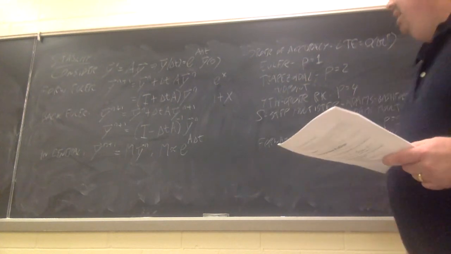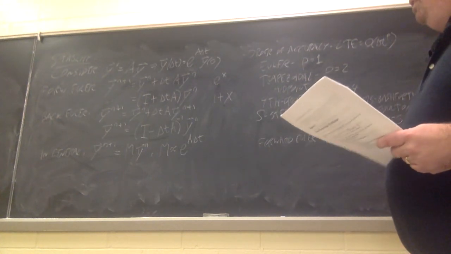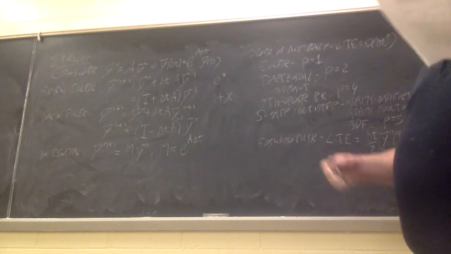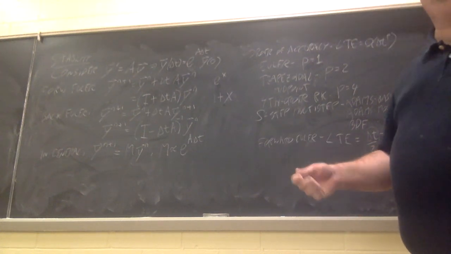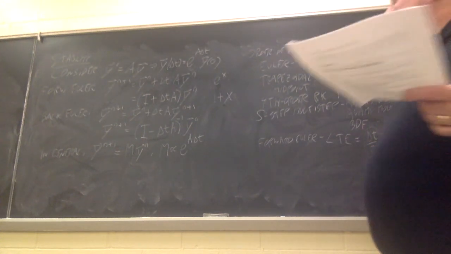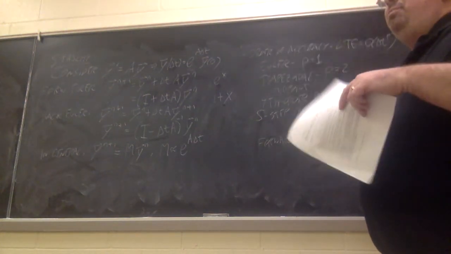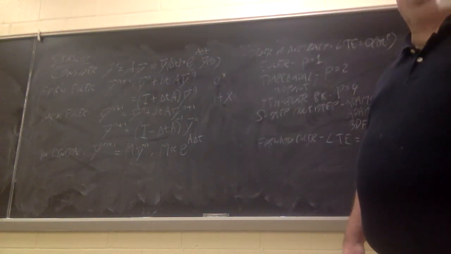If it was a Runge-Kutta method, it'd be a much more elaborate approximation than this. It'd be like a higher degree Taylor polynomial, or higher degree polynomial that matches a Taylor expansion to more terms.